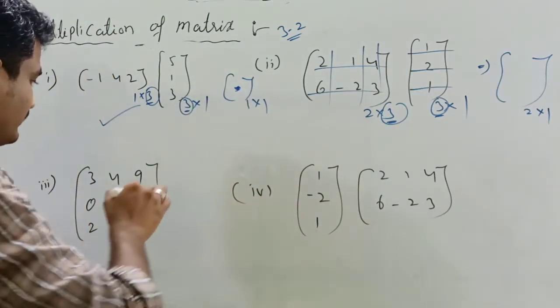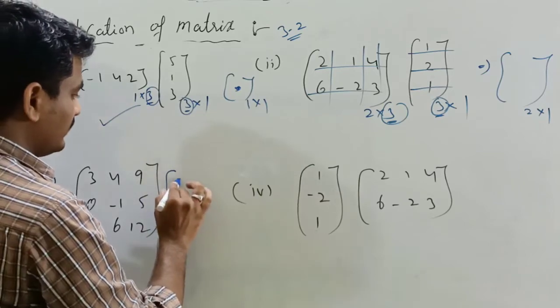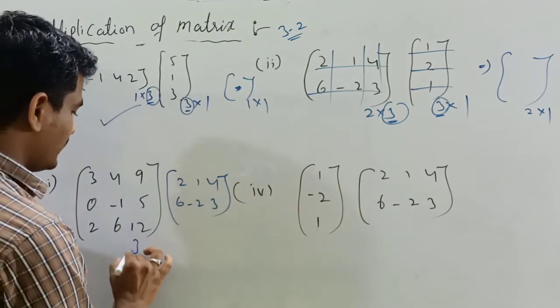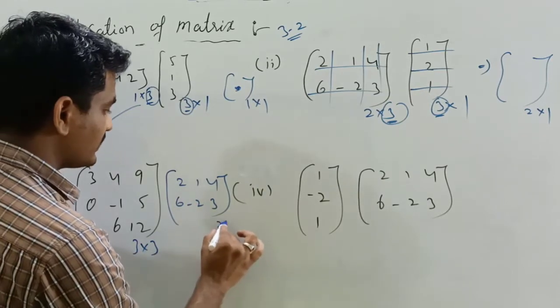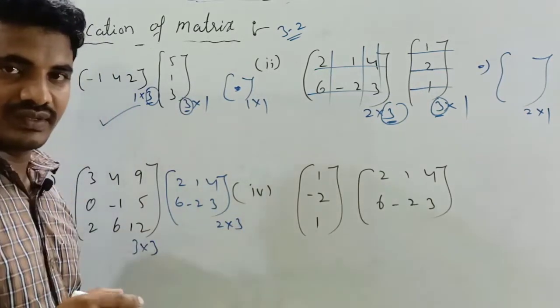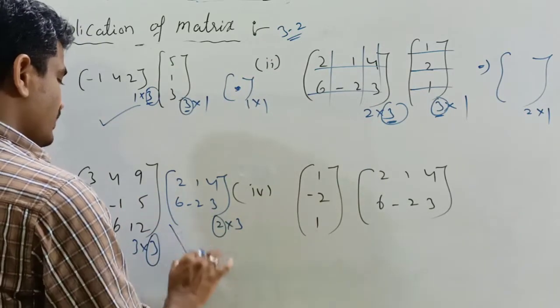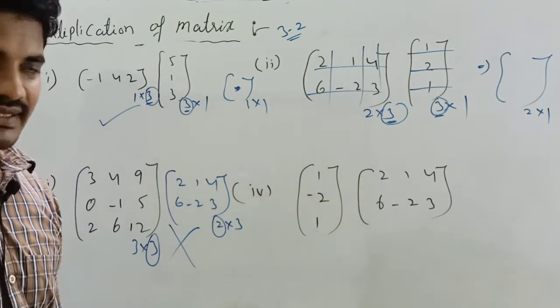And here it is 3 by 3 and a 2 by 3. Once you observe, 3 and 2 are there, so it does not exist.